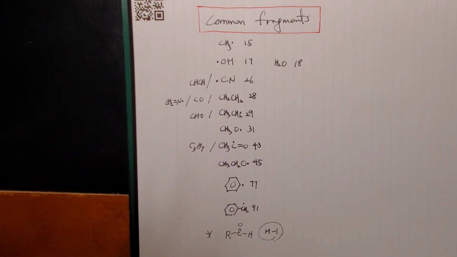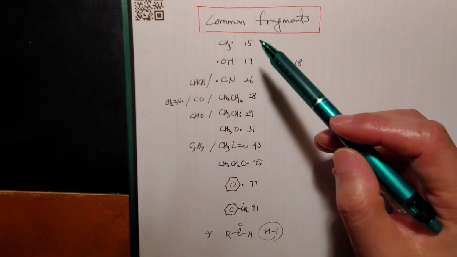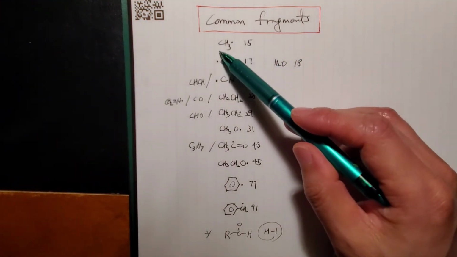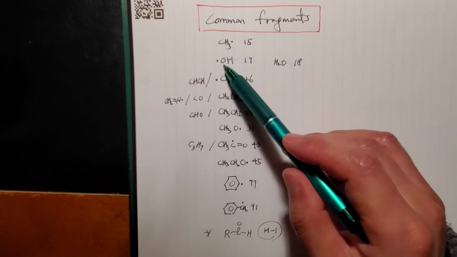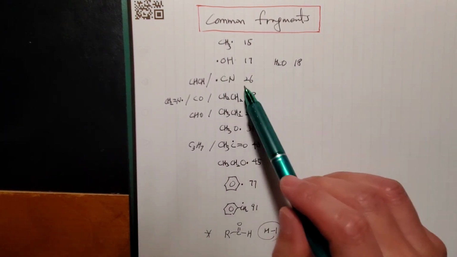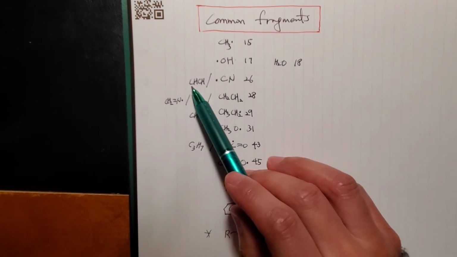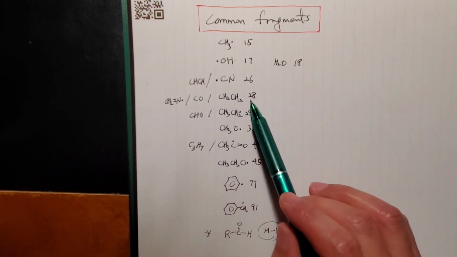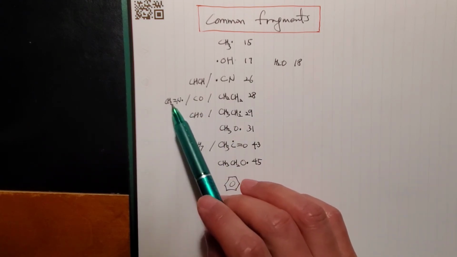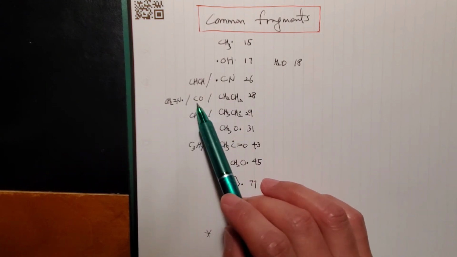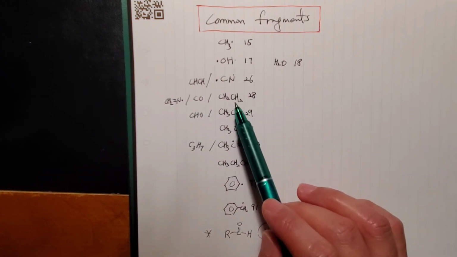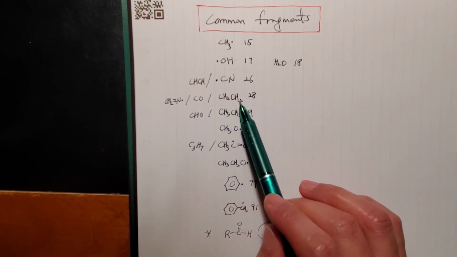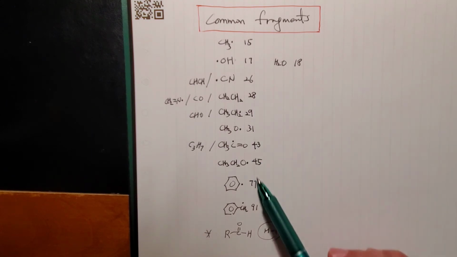Okay, these are the common fragments you run into during fragment analysis. Like we've seen a couple, 15 is a methyl group loss, 17 is OH, 18 is water, 26 can be CH triple bond CH or CN triple bond, 28 is very common, CH2 double bonded nitrogen or CO double bond like we saw before, and then CH2 double bonded to Cl, and so on.